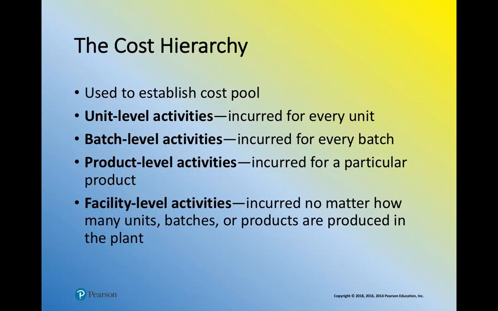So in our cost hierarchy, we try to include activities that fall into these 4 categories. Number 1 is our unit level activities, and that's something that happens to every individual unit of inventory that is manufactured by us. Keep in mind that is every individual piece.